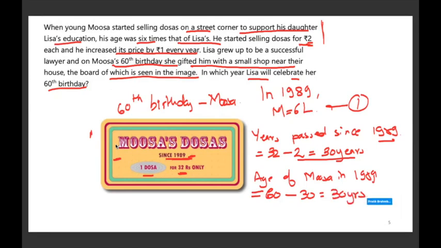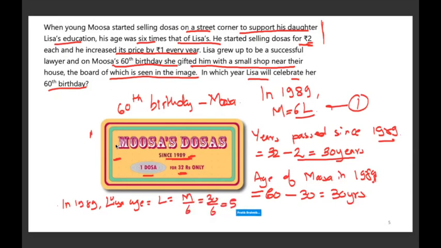So Musa was 30 years old when he started the dosa shop in 1989. Therefore, in 1989, Lisa's age, from equation 1, will be L equal to Musa upon 6, 30 upon 6, which is 5 years. So we know in 1989, Lisa was 5 years old.